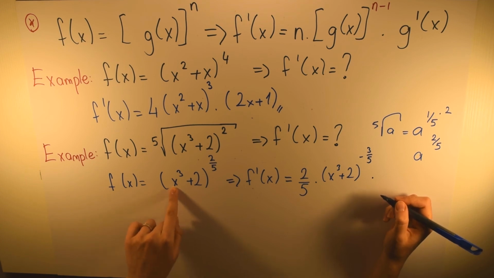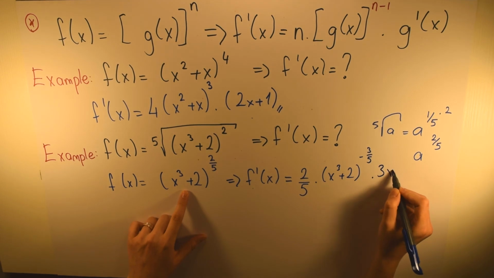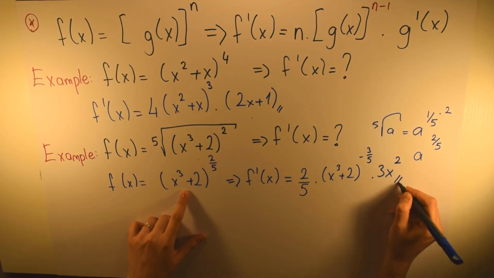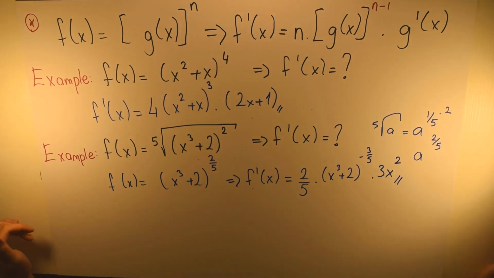Here we have x cubed and its derivative is equal to 3x squared. So this is the path you need to follow to get the right answer in this kind of questions.